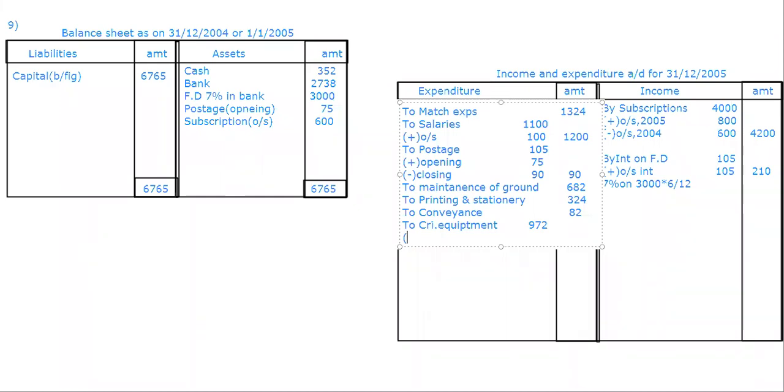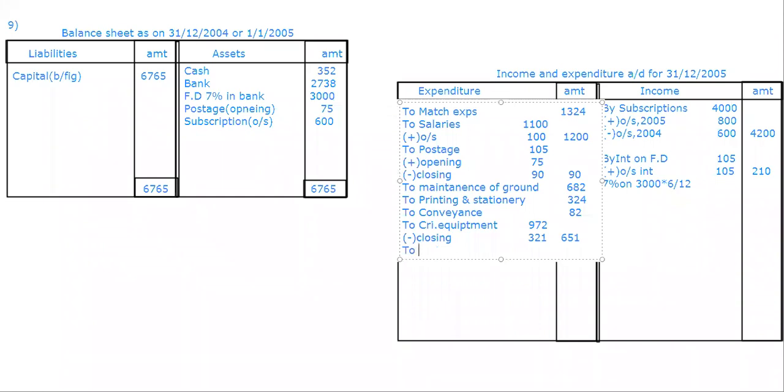It means closing balance should be that much. Closing balance means balance sheet balance, so the rest is like depreciation only. That's why closing I'll minus here, which is 321. So the balance I'm going to get is 651.